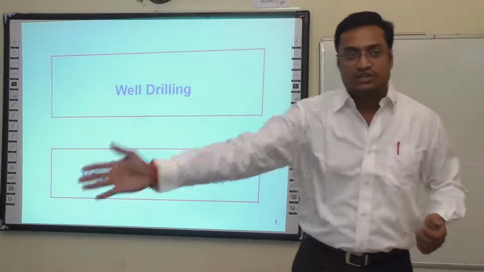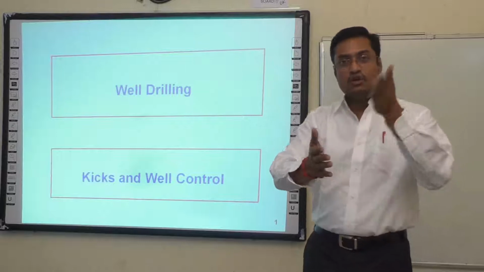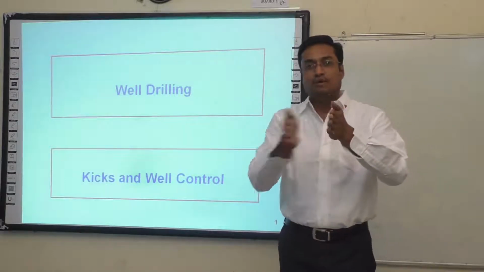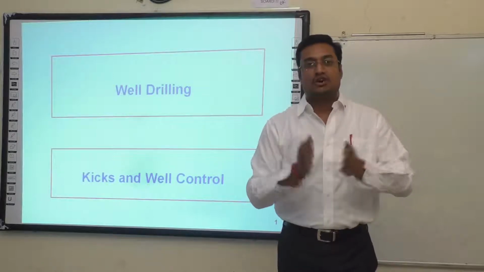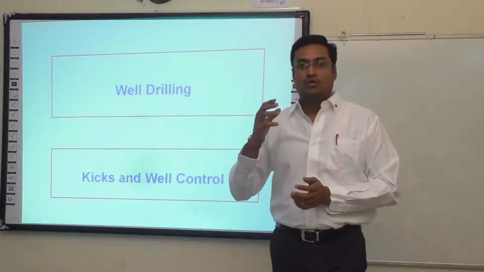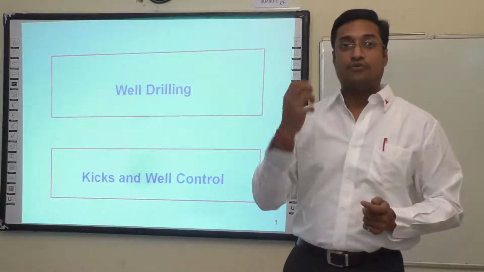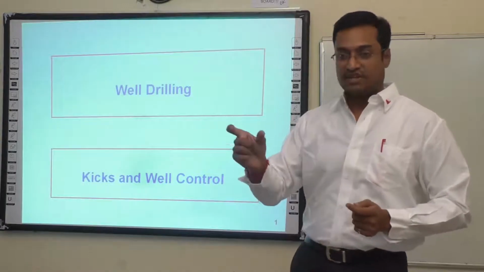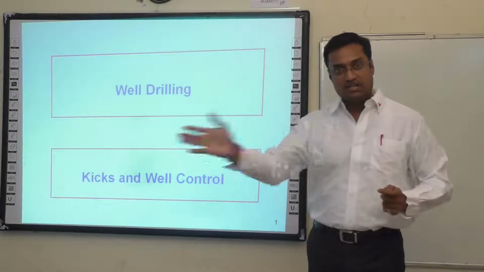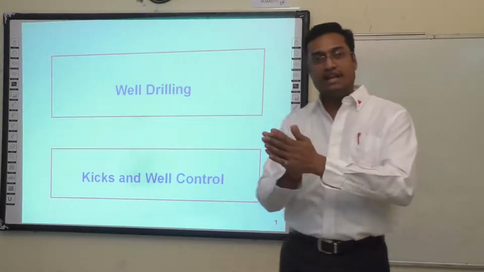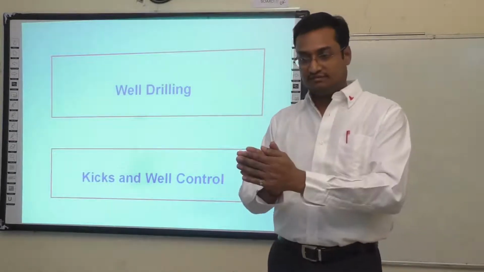When this force acts on a unit area, the amount of force acting on this area is called pressure. So we need to have full knowledge about pressure. Force is the energy, and when it is acting on a particular area, that becomes pressure.